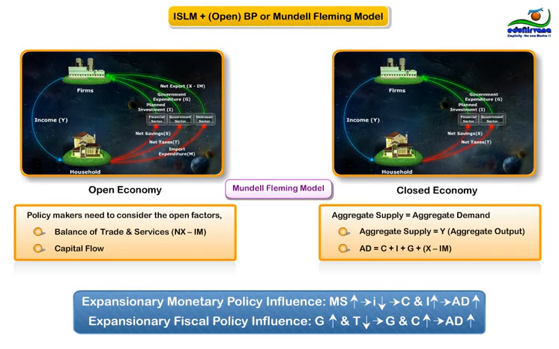The MF model is designed to help illustrate how three major sectors in the economy interact with each other in an open economy to achieve its equilibrium.